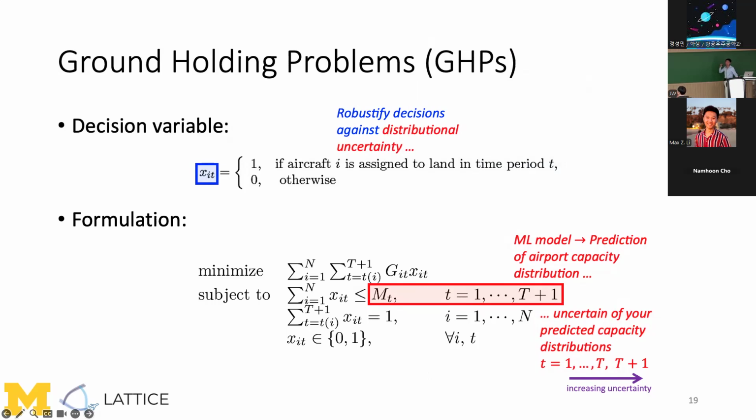Now let's go back to that conversation that we were having about machine learning. Imagine, again, you have that machine learning model that's giving you a capacity distribution for this airport at some future time, t+1, t+2, and so on. You're worried that that distribution is wrong.